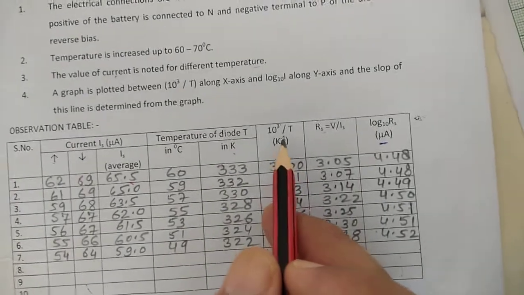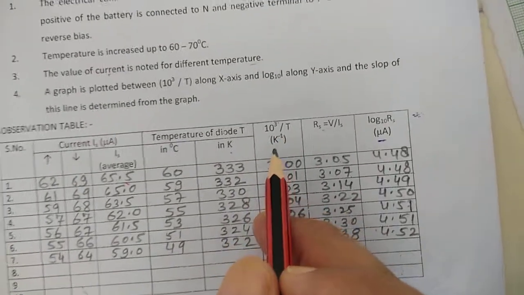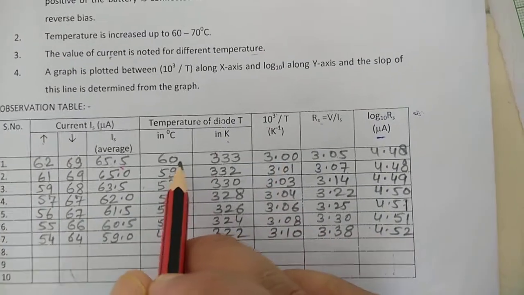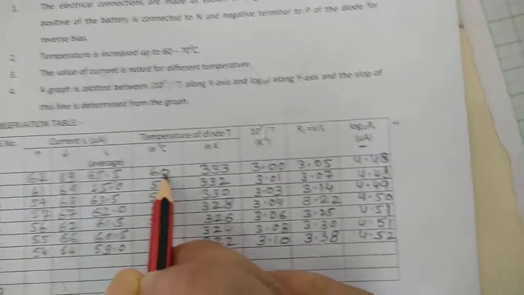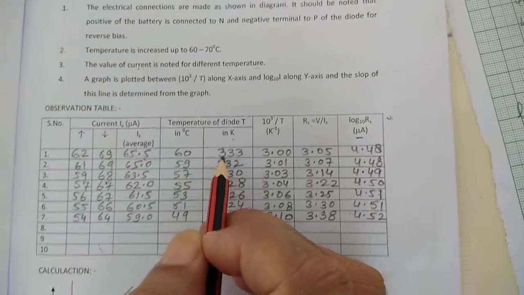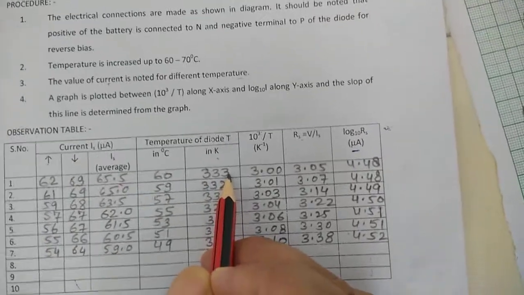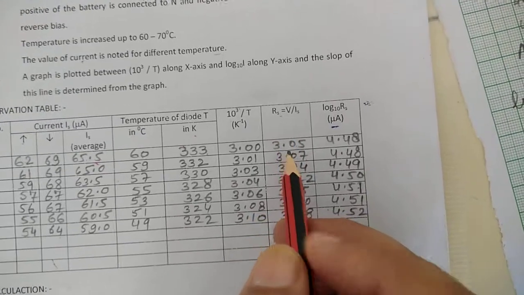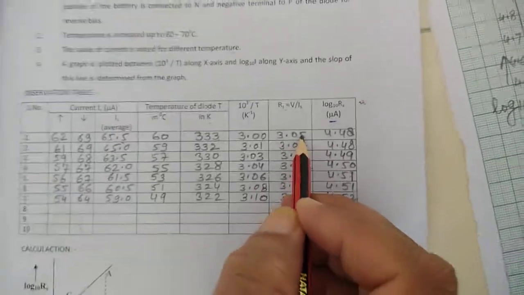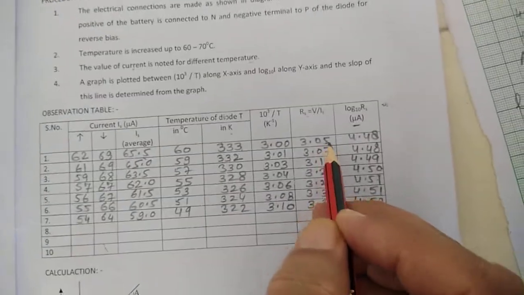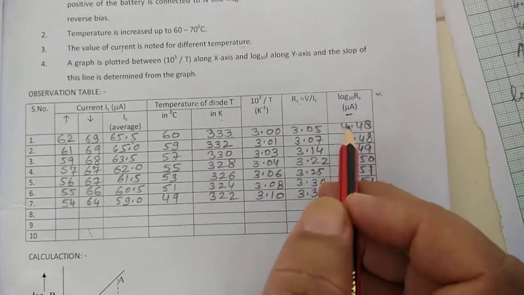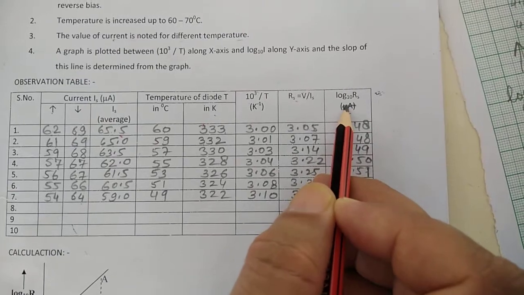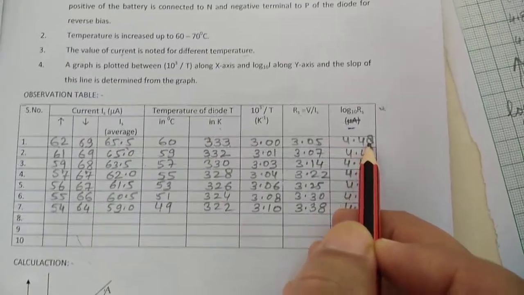We can get the value of 1000 upon T as 3.0 at 60 degree centigrade or 333 degree Kelvin. So resistance Rs will be obtained as 3.05 ohm, and if we take log 10 Rs of this value, it will be 4.48.